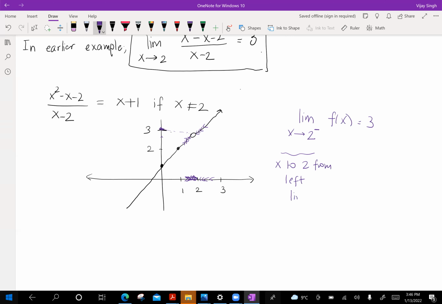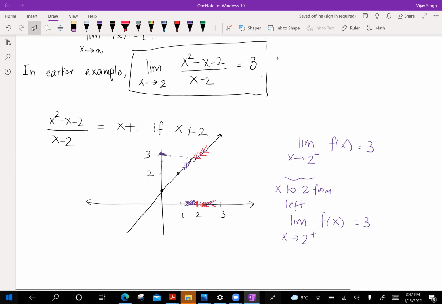And similarly, limit as x goes to 2 plus of f of x is also 3. 2 plus means you're approaching 2, but from the other side, from the right side. In this case, also the function is approaching 3. So this is the concept of limit.